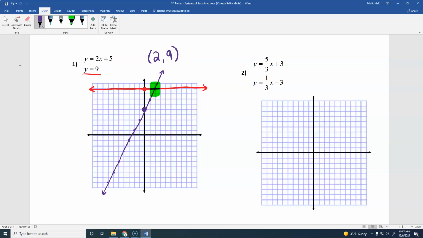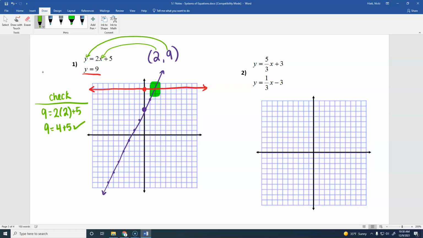And now I'm not going to make you check on every one, but sometimes we do want to check. If I plug these numbers into the original, 9 equals 2 times 2 plus 5, so 9 equals 4 plus 5.